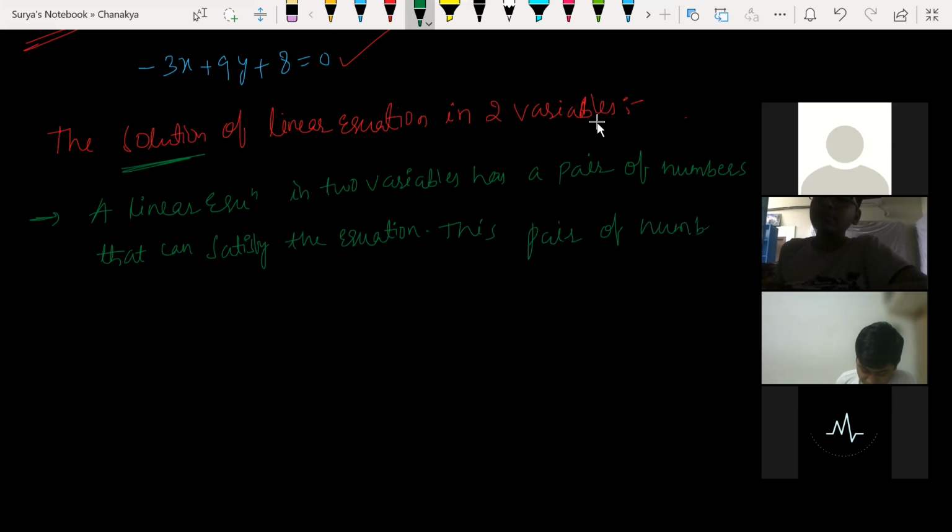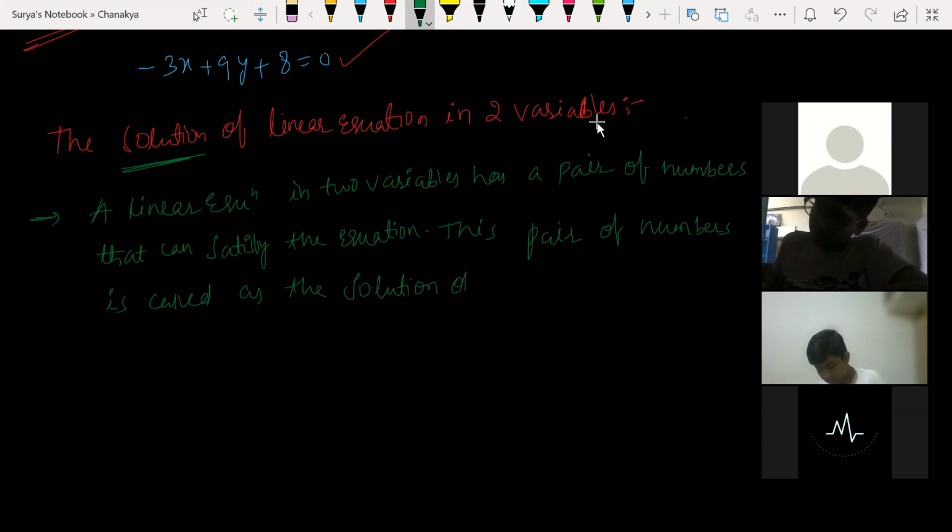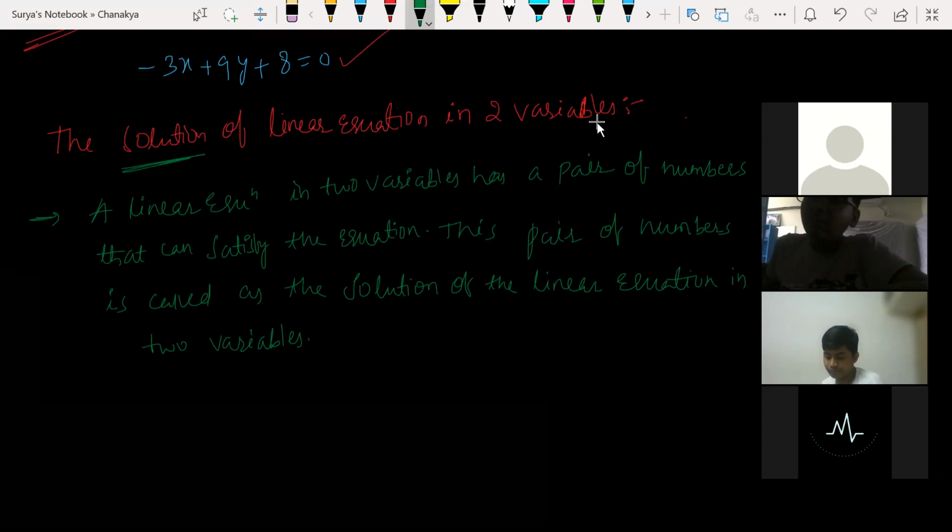This pair of numbers is called the solution of the linear equation in two variables. Getting my point, children?